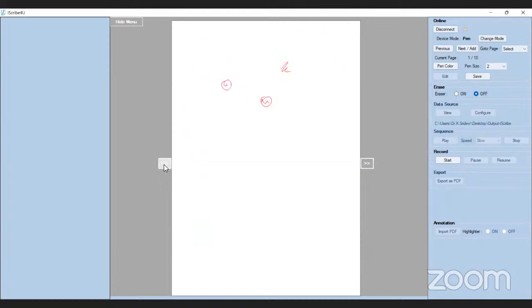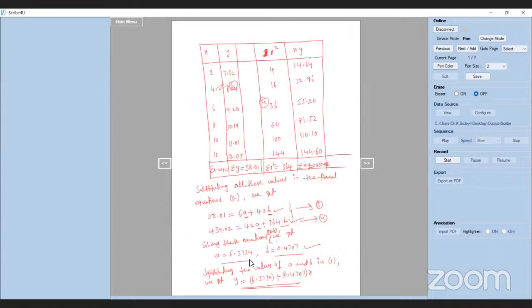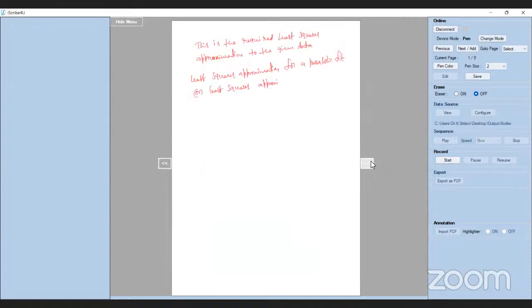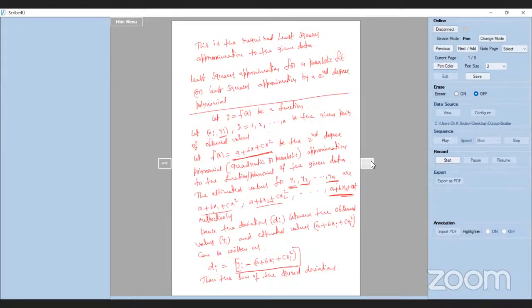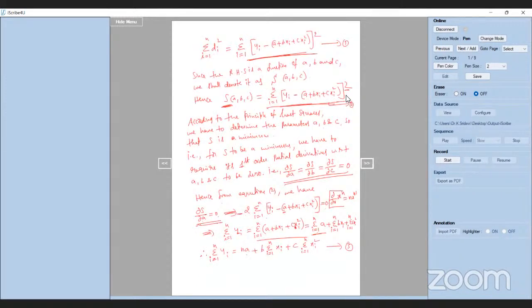And next, equation 3. Where is equation 3? This one. From this, summation yi and summation xi are there; already these are in another equation.